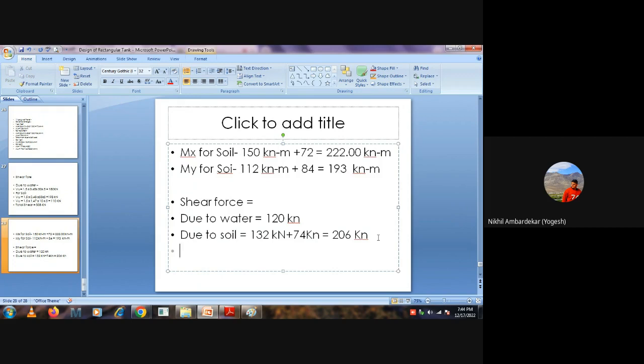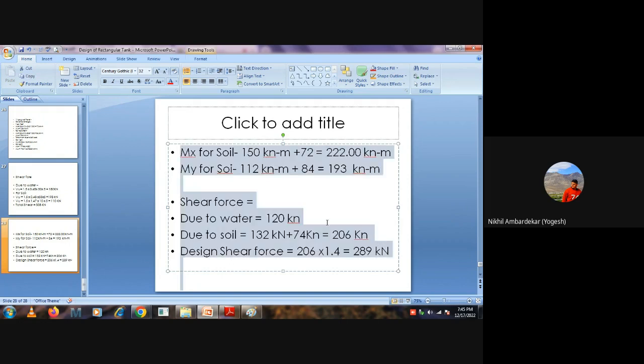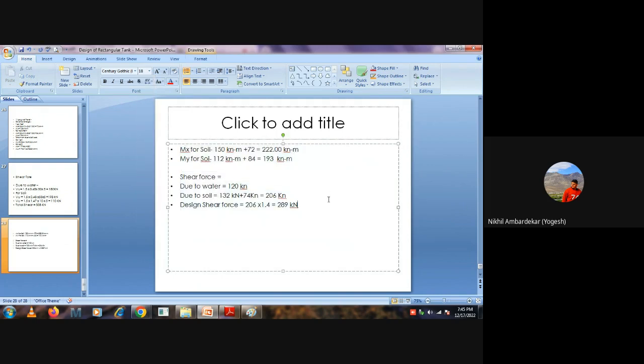So your design shear force is equal to 206 into 1.4, that is somewhere 289 kilonewton. And in the same way you need to multiply these moments by 1.4 if you have factor 1.4.